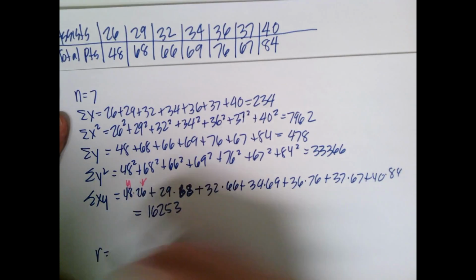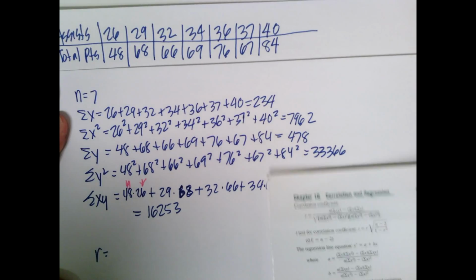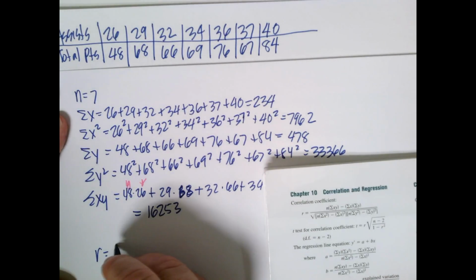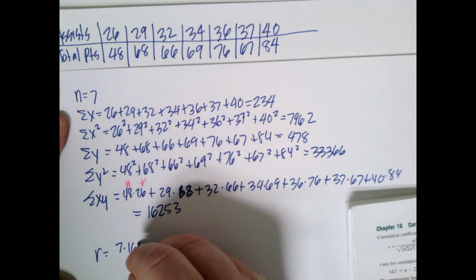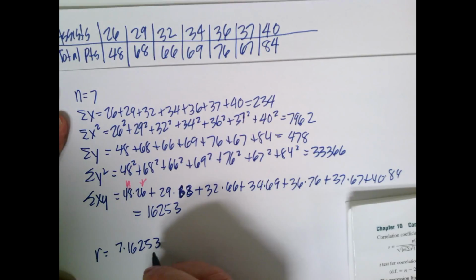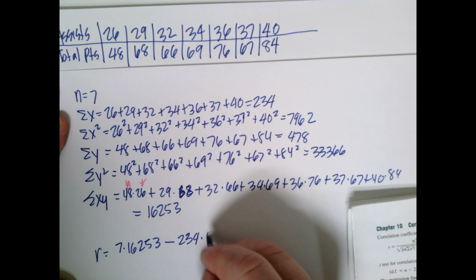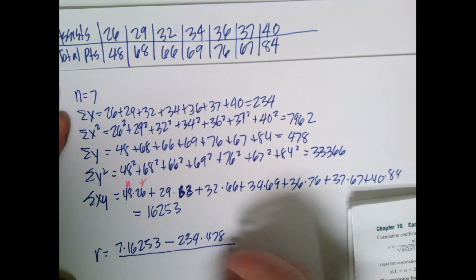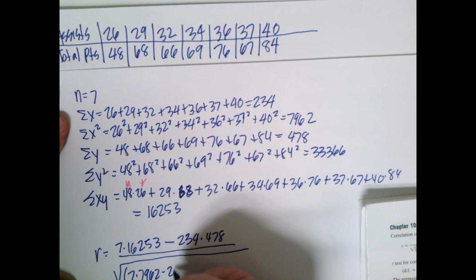So for the R, we'll go back to the formula and just pick out the pieces as we need them. So N is 7, then the sum of XY is 16,253 minus 234 times 478, all over the square root of parentheses 7 times 7962 minus 234 squared.